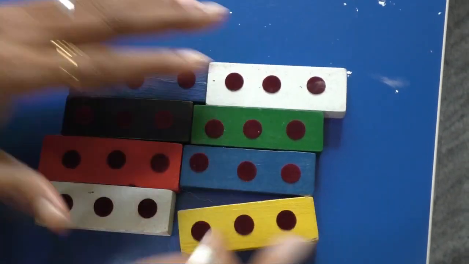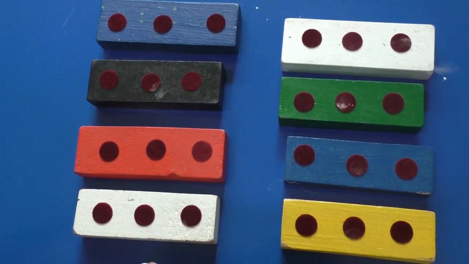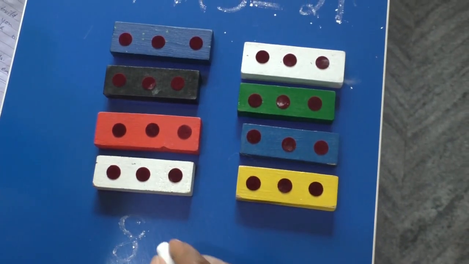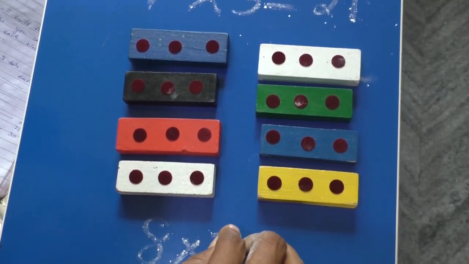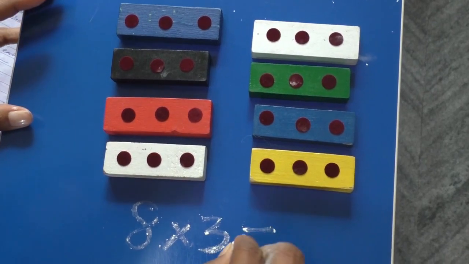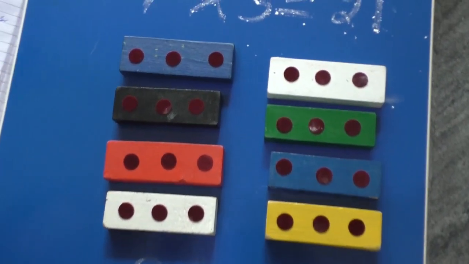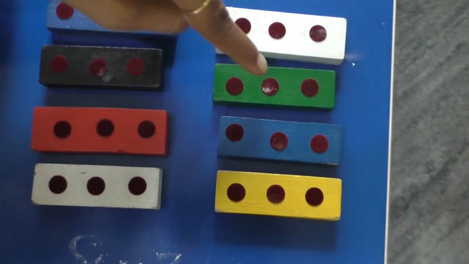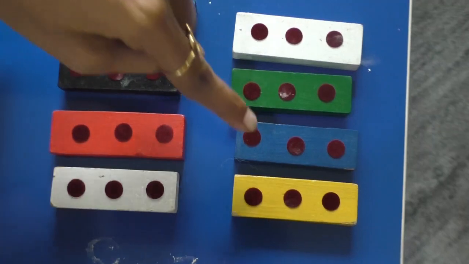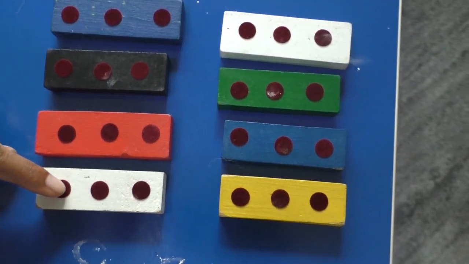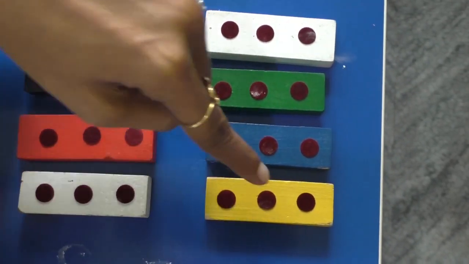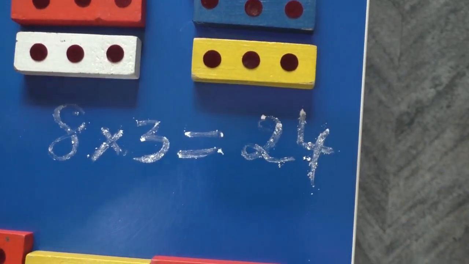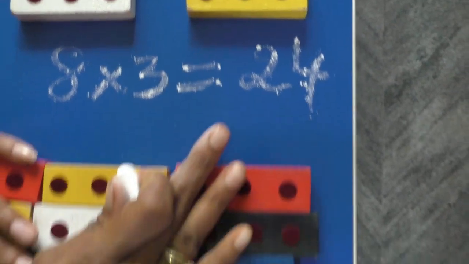Next, we have 8 blocks. So it would be 8 groups with 3 dots. So 8 into 3 would be 1, 2, 3, 4, 5, 6, 7, 8, 9, 10, 11, 12, 13, 14, 15, 16, 17, 18, 19, 20, 21, 22, 23 and then 24. So it's 24.